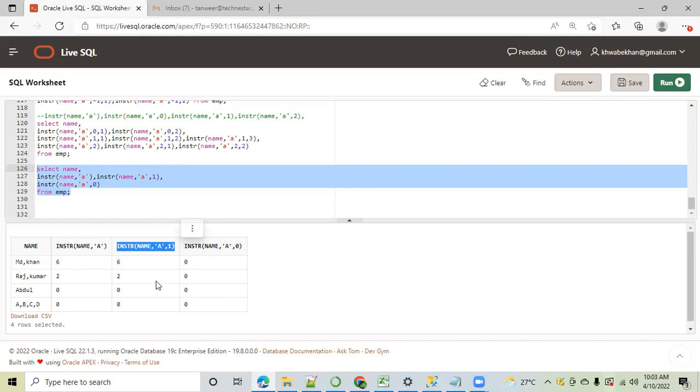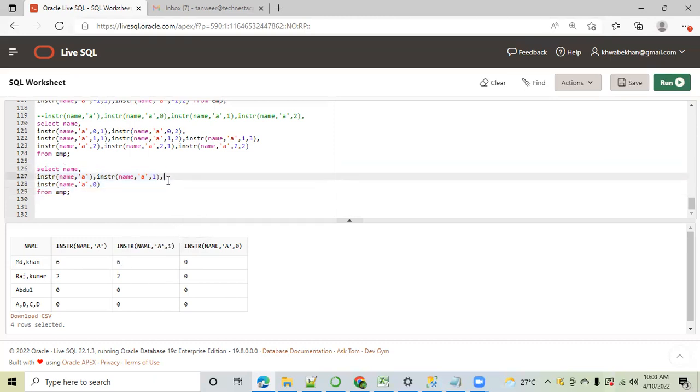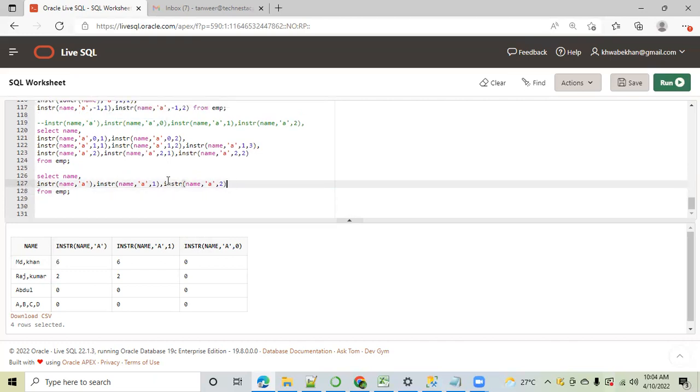Anyone who wants me to repeat this? Yes, clear. Name comma A comma 2. Okay, I'll try to understand this one. Okay, 0 is clear to everyone. No, 0 will not be having any impact, right? Shall I delete this? The third argument 0 doesn't have any impact. Hope this is clear to everyone. I'm deleting this. Now what about this?